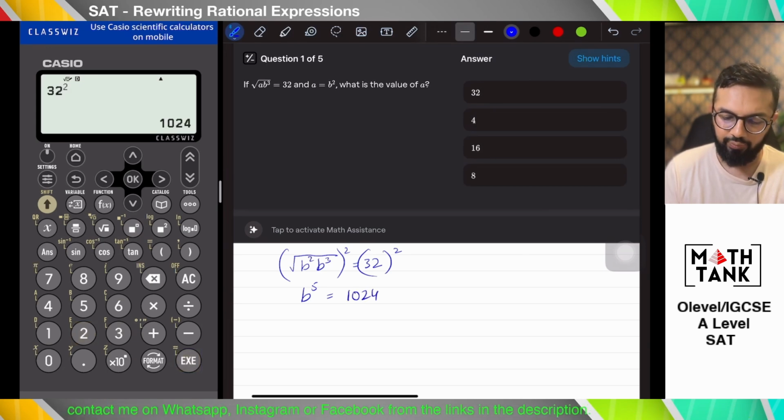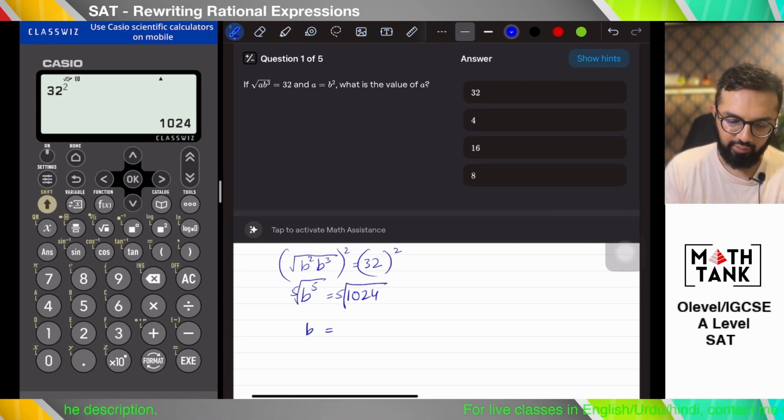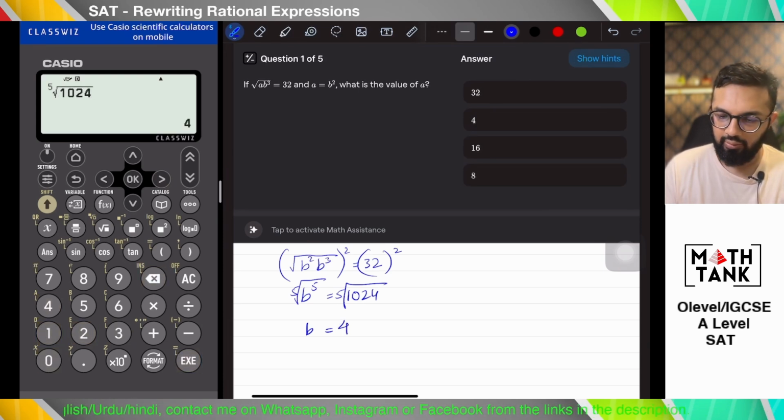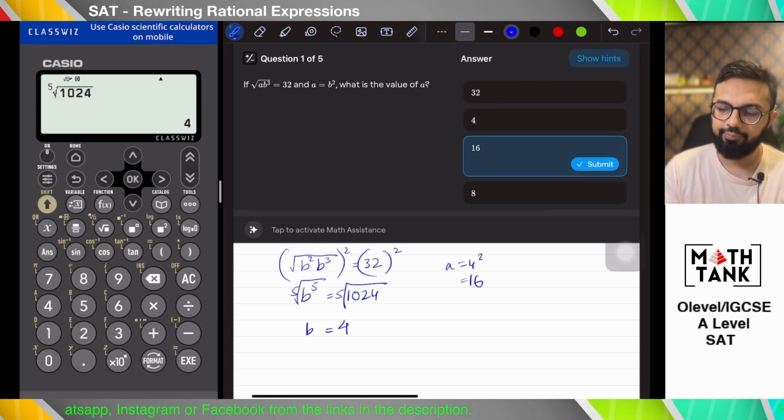Okay, and 1024 also has a fifth root, I think. So the fifth root is 4. So a equals 4 squared, 16.